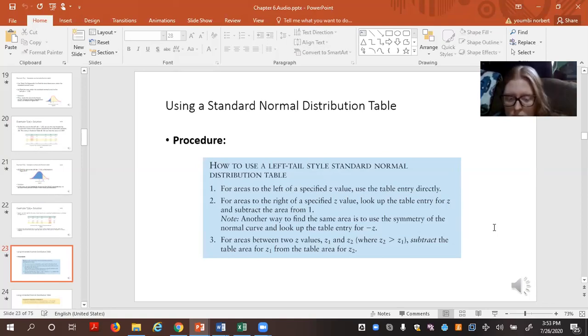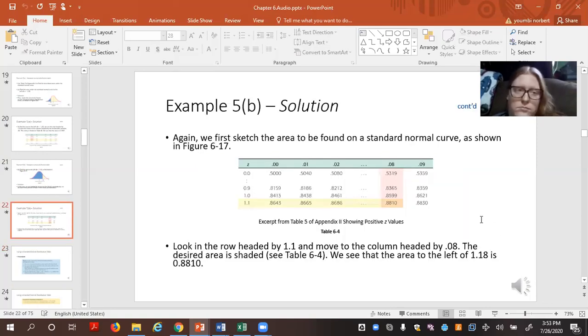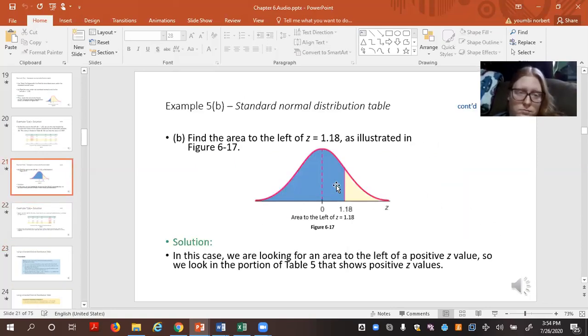If you have the area to the left, the area to the right is 1 minus the area to the left. You see, the area to the left is the blue area. The area to the right is 1 minus the area to the left, because the total area under the curve is 1. So then you get 0.119.